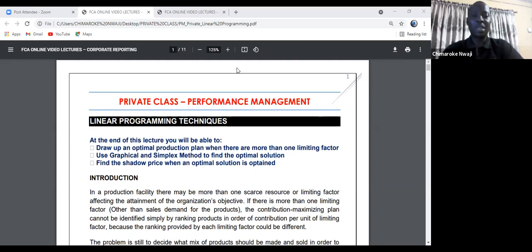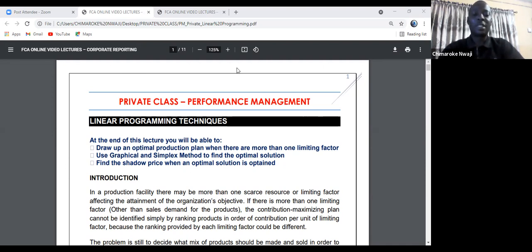We use the limiting factor decision making, where we explored the contribution maximizing plan.